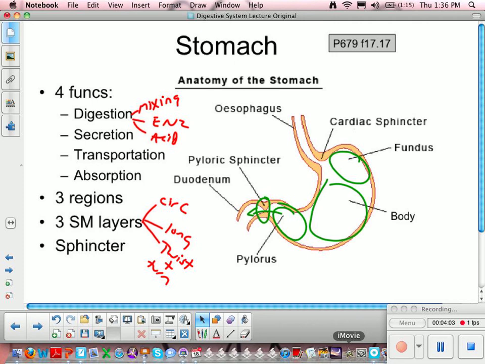It's the best word, but that third layer is important for the stomach to be able to really mix together its contents, because it's a very large area, relatively speaking. Okay, and there's the cardiac sphincter here, which we had talked about, which would be the lower esophageal sphincter.